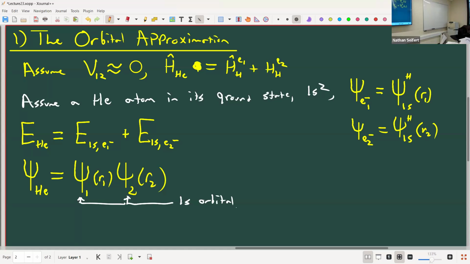Okay? These always go together. Summing 2 electrons, having a sum of 2 energies with non-interacting leads to a product of the wave functions. Right? We don't have to do any math here. All we have to do now is say the energy of the 1s2 state of helium is just the energy of the 1s orbitals times 2.